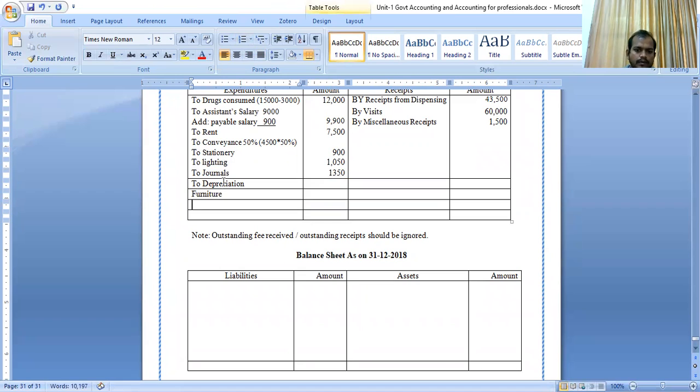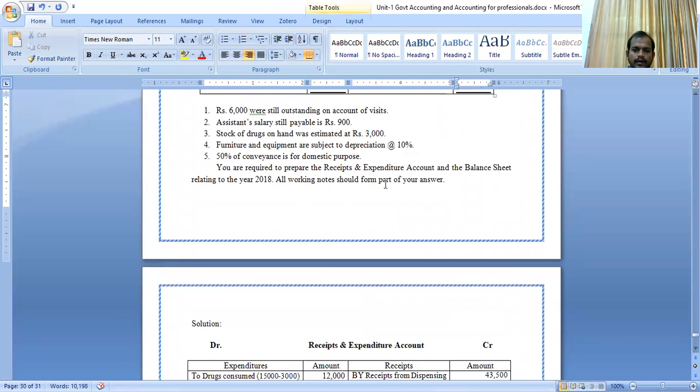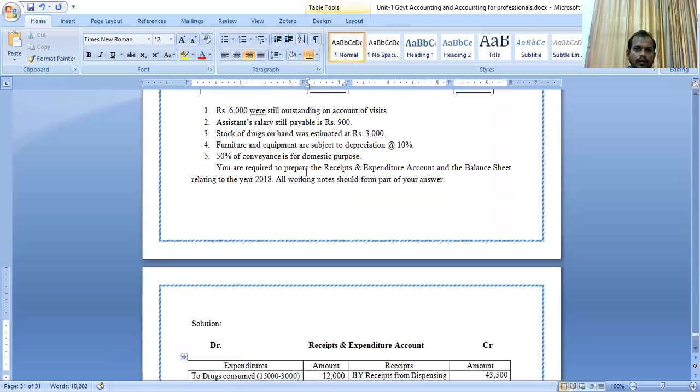Furniture 7,500 at 10%, that is 750. Equipment 30,000 into 10%, that is 3,000. So furniture and equipment depreciation done.